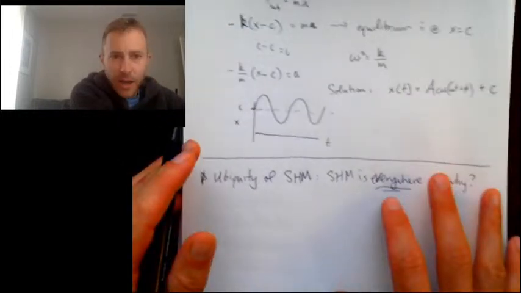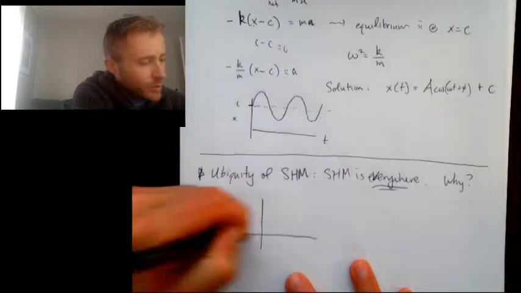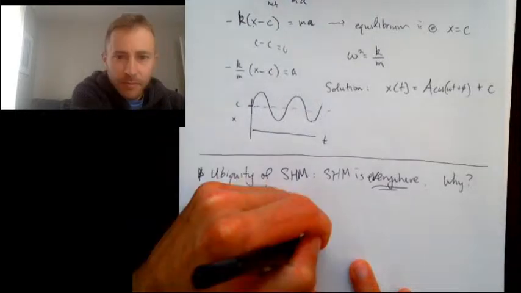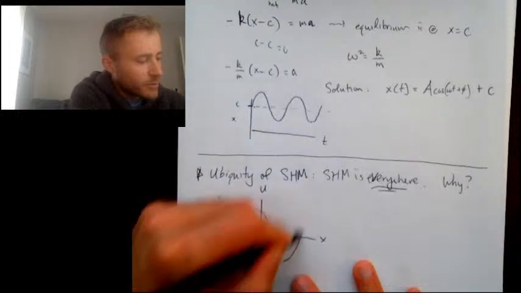Well, what if I had a random graph of potential energy versus position? It's just a random graph. Maybe it looks like this.